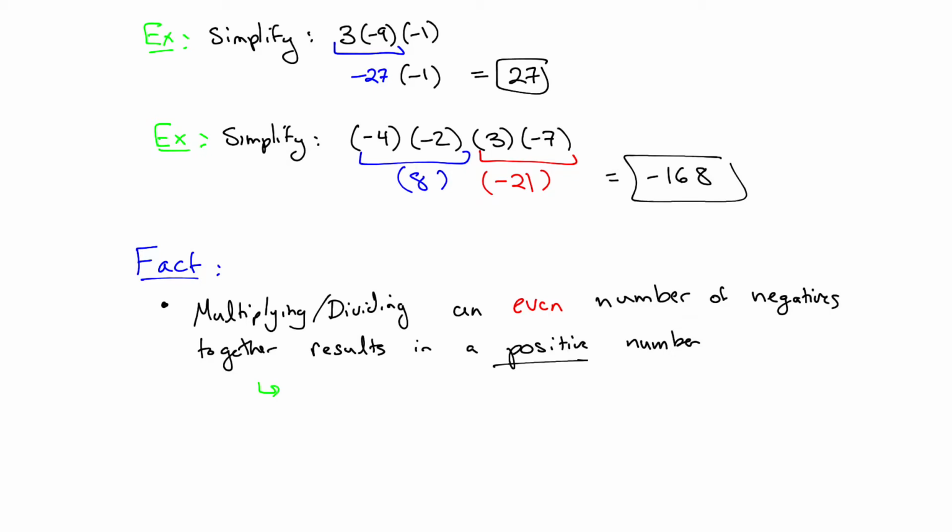So multiplying and dividing an even quantity of negative numbers results in a positive number at the end of the day.